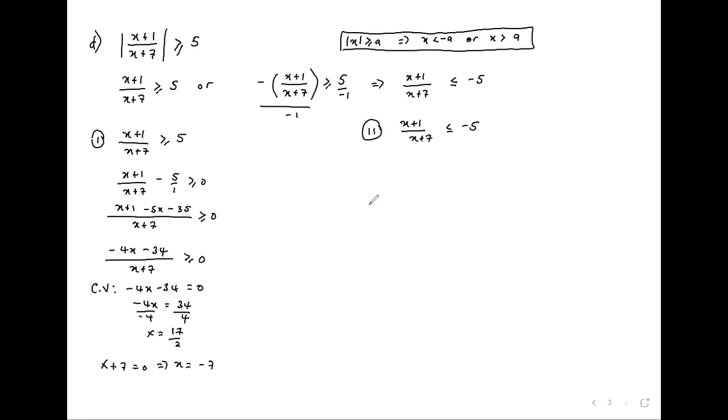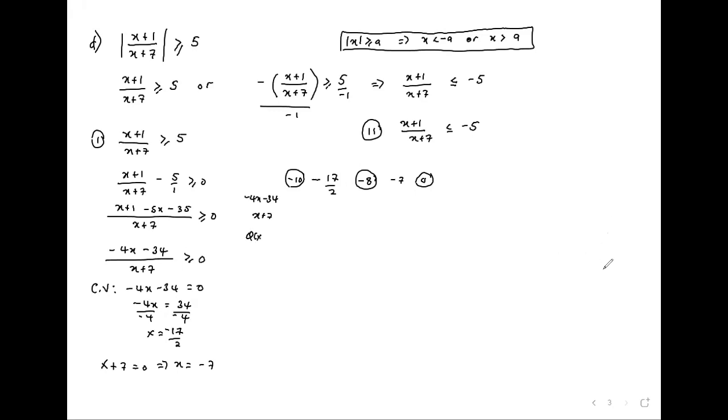Then you test. So in testing, we have negative 17 over 2, and then negative 7, because negative 8 is in between, and then 0, negative 10 is over. Then you have negative 4x minus 34 over x plus 7.